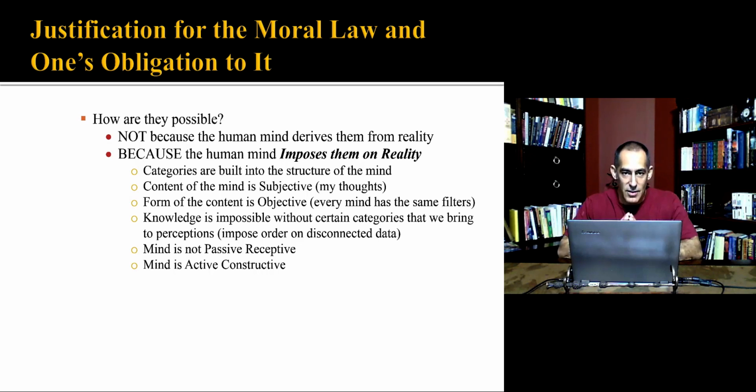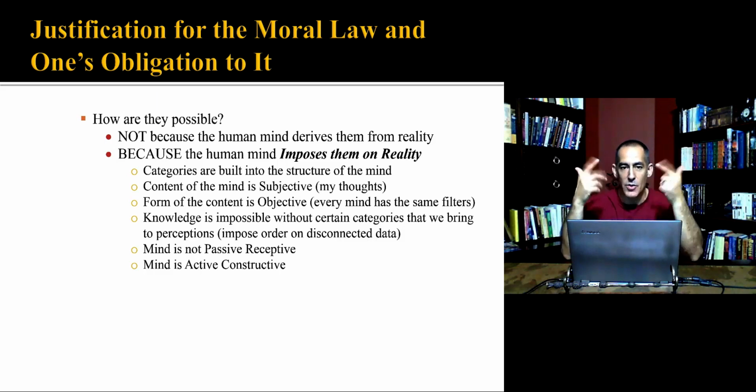The content of the mind is subjective in a certain way. They're my thoughts. And the form of the content might be objective, in that every mind has the same filters that we process our perceptions through. And he believes knowledge is actually impossible without these categories that we bring to the perceptions, right? So you've got the perceptions and the concepts, and united, they're going to produce knowledge.